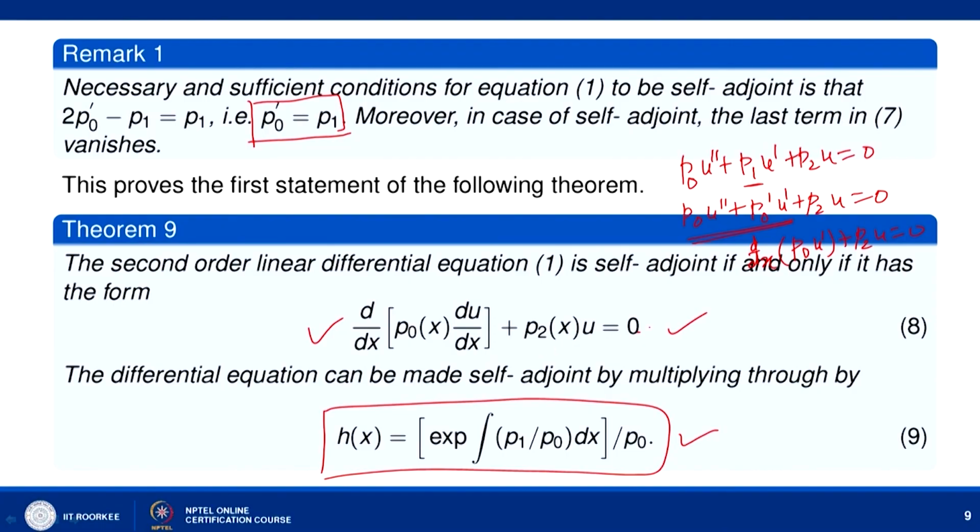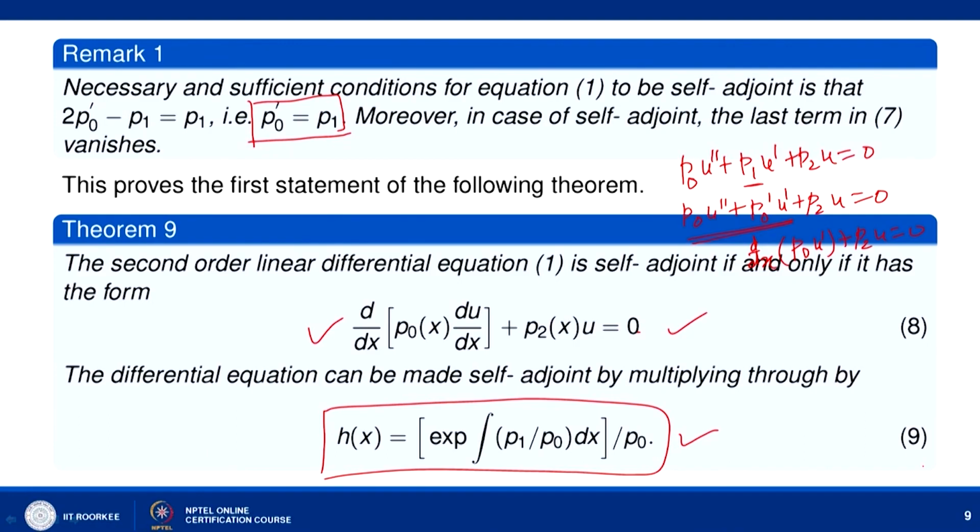And if it is not given in self adjoint form, then we can always multiply by this function, which we have denoted as equation number 9. We can make a linear differential equation into a self adjoint form, so from now onward, without loss of generality, we can always consider that a given second order linear differential equation is given in self adjoint form.